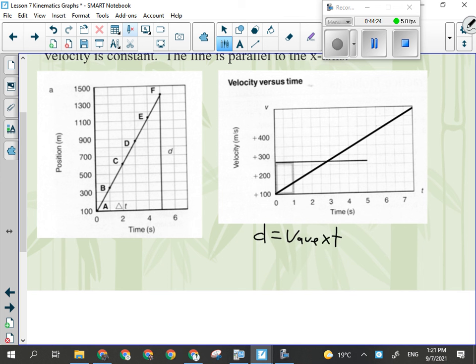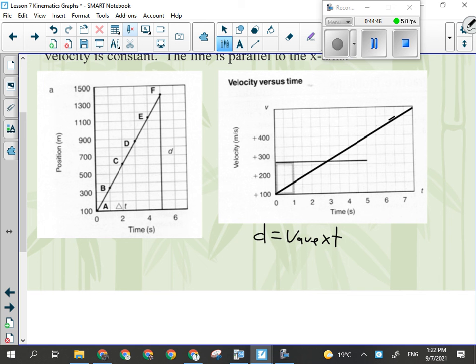That's fine when the average velocity is a constant number. But in this case, velocity is changing. So that number doesn't work. Or that idea doesn't work necessarily. It can still work, however, as long as this is a straight line. Because then the rate at which the velocity is changing is uniform.